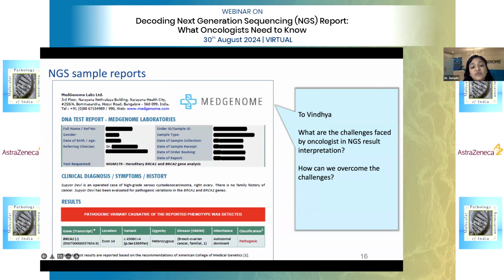Molecular tumor boards hold very much importance in such cases. When we have multiple mutations or difficult to interpret mutations, we can have the opinion of different oncologists and molecular scientists on board in the molecular tumor board discussions. That is the place where the molecular tumor board comes up.